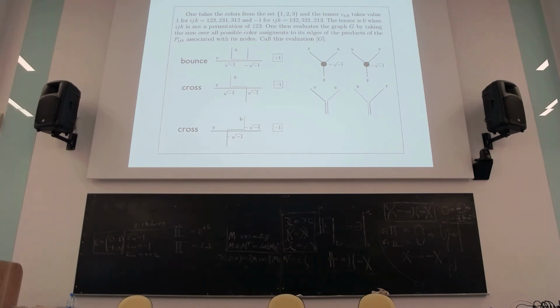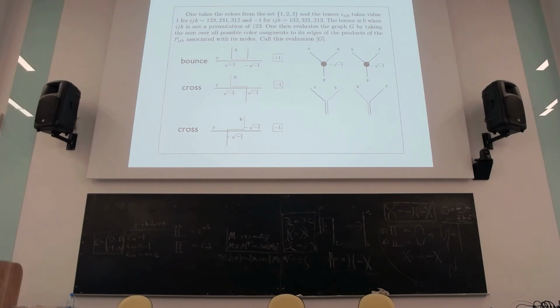So you see that if it bounces, it's plus 1, and there's no problem. We would love it if it was all plus 1, but some of it's minus. And in fact, every time you cross, it's minus. You get two square roots of minus 1, which combine together give you a minus 1. So now you see the proof of Penrose's formula, because you're going to get these systems of loops, red loops and blue loops, and the red loop crosses a blue loop.